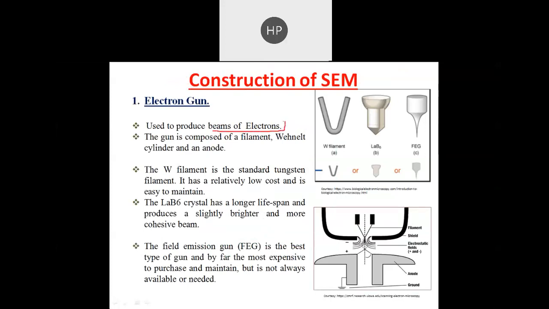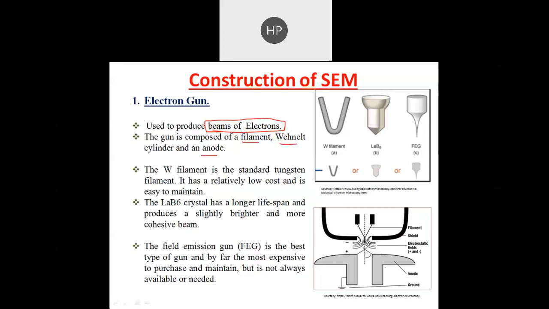The first and foremost thing required in an SEM is to produce a beam of electrons, and to generate that beam, electron guns are used. The gun is composed of a filament, a Van Heldt cylinder, and an anode.